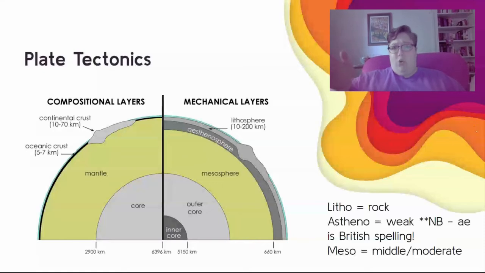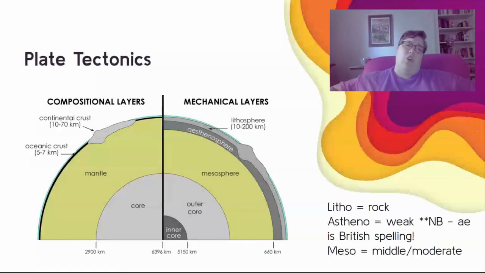Like the outer core is liquid, the inner core is solid. And it turns out that not all of the mantle is liquid. So we break the mantle down into parts that are solid, parts that are kind of starting to liquefy, and parts that are liquid.